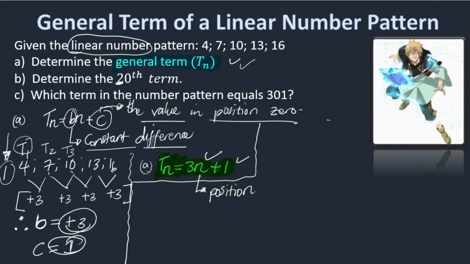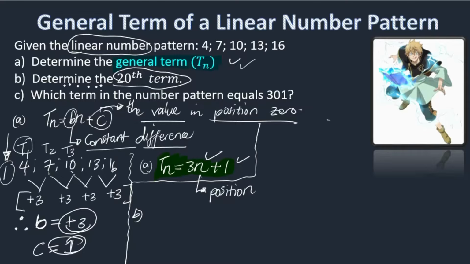So when they say 20th term, that's the position. And then when they say question C, which term in the sequence is equal to, that's Tn. Which term is equal to this number, that's Tn. But when they want the position, they want n. Are we good?